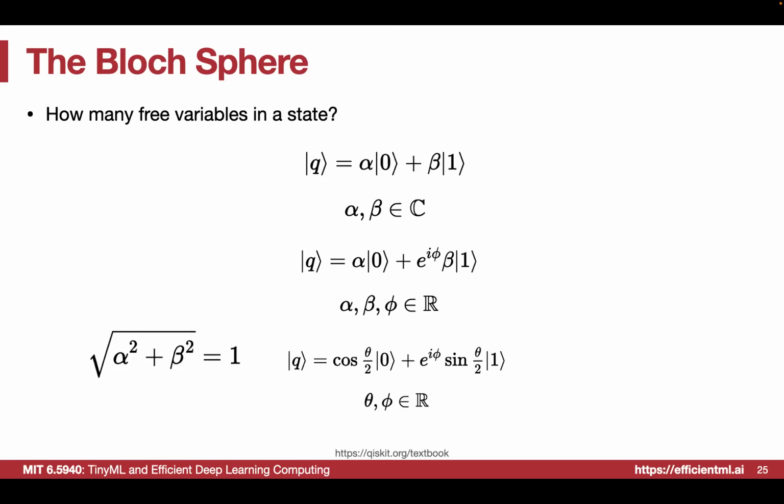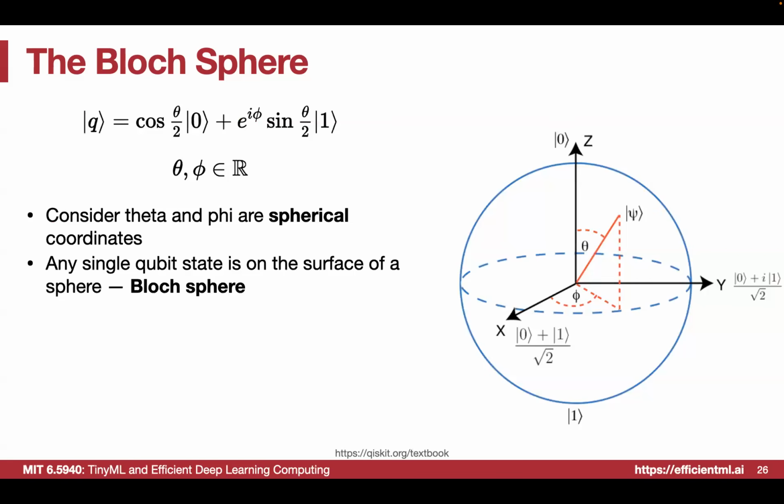And then for the third row here, if we represent this alpha and e^(i phi) beta as cosine theta over 2 plus e^(i phi) sine theta over 2, then we can find that actually the system has 2 free dimensions, because alpha squared plus beta squared should be 1. So in that case, we can use a very intuitive sphere to represent the state of one single qubit, right?